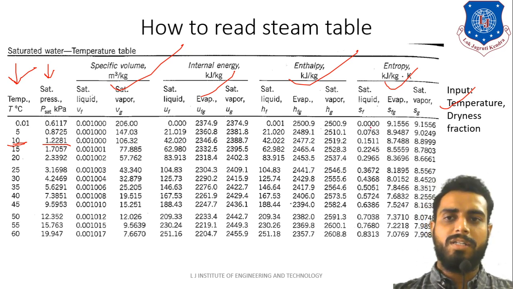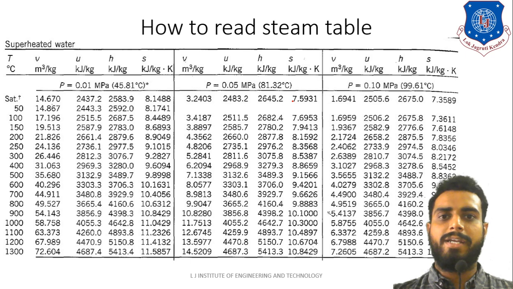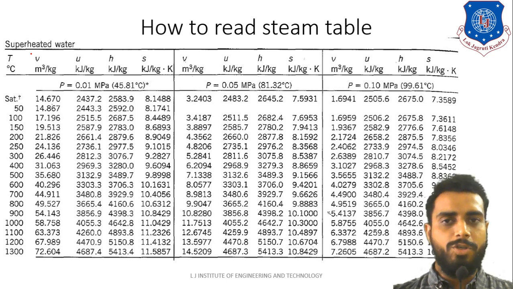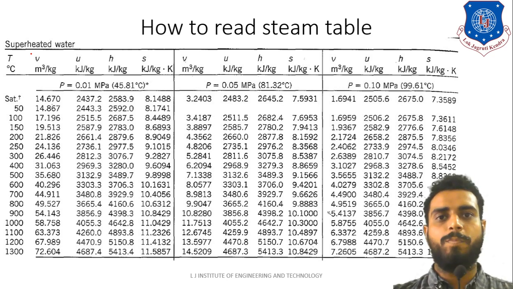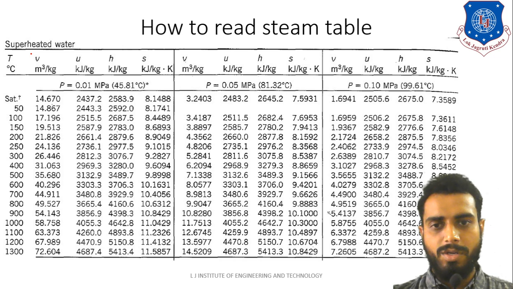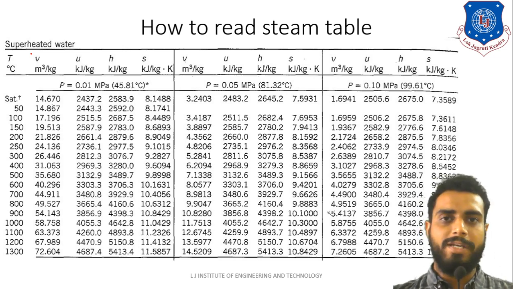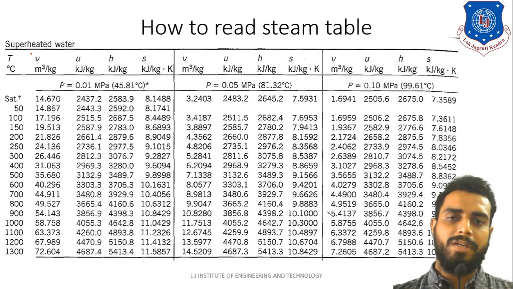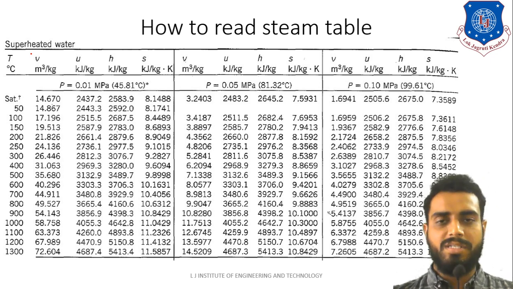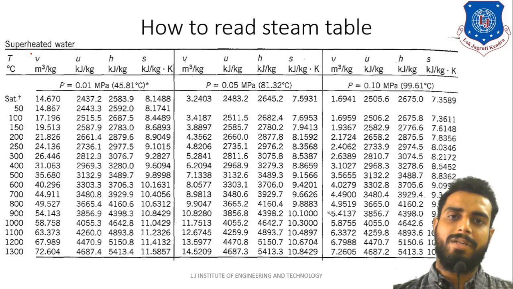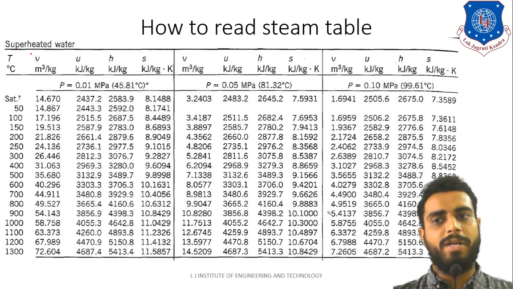Further, you will find in your steam table that a superheated water table is also given. The superheated water table is only used when you are dealing with the superheated condition of the steam. What is the superheated condition? When your given temperature is higher than the saturation temperature, then it is known as superheated steam.